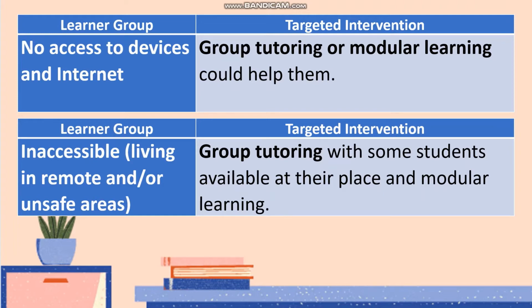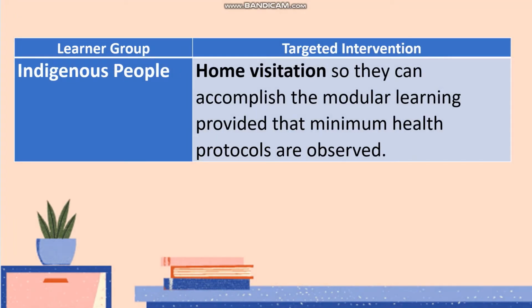For those inaccessible or living in remote and or unsafe areas, targeted intervention: group tutoring with some students available at their place, and modular learning. For the indigenous people, the targeted intervention could be home visitation so they can accomplish the modular learning, provided that minimum health protocols are observed.